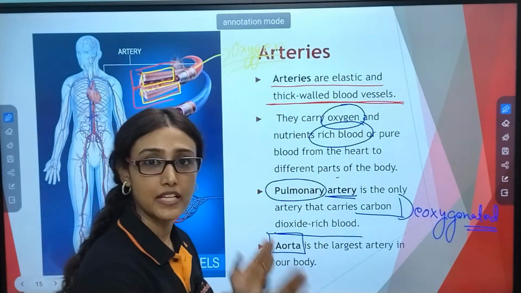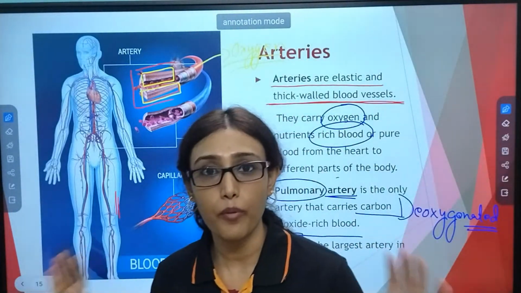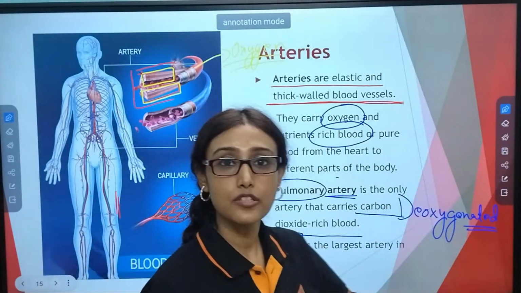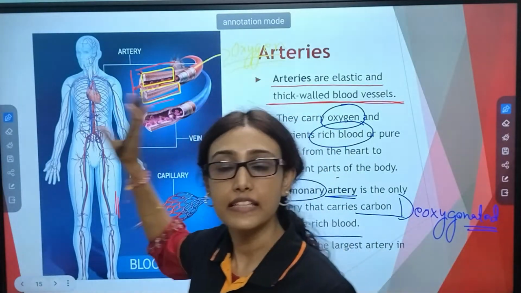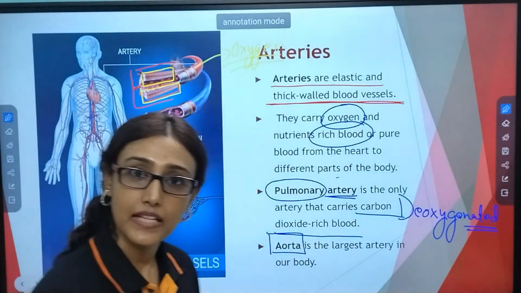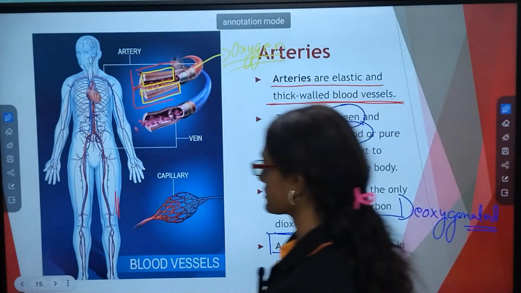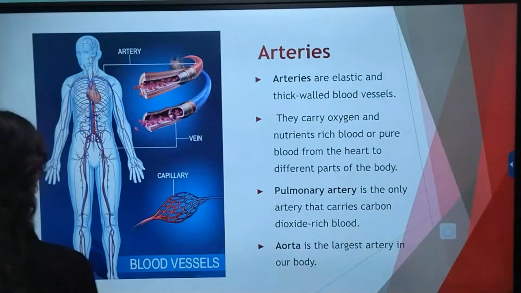Because when the heart pushes the oxygenated blood towards the body, the pressure is very high. So the artery has to be thick-walled so that it can withstand that pressure. Understood? Okay. Now, next comes veins.